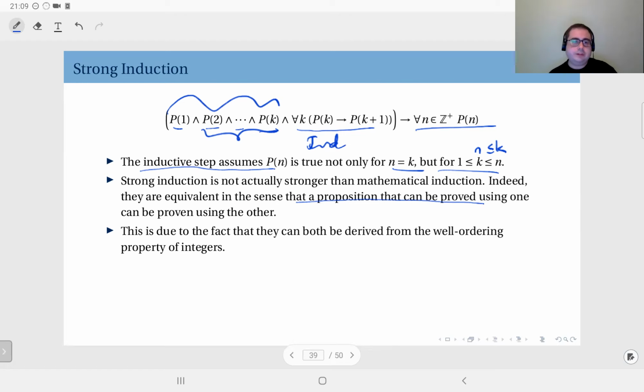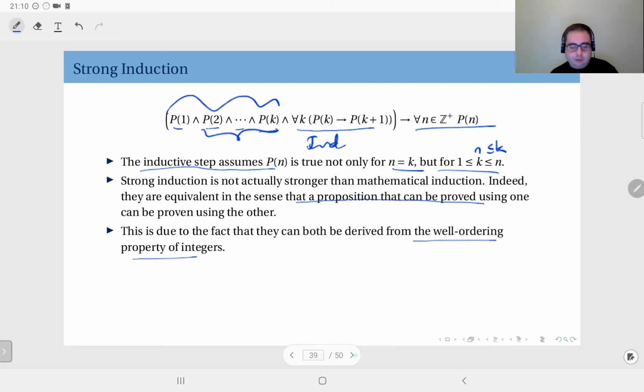We call this strong induction because essentially doing proofs with strong induction is usually easier. And the reason that they are equivalent is because they are implied by the same principle, the same axiom, let's say. They can both be derived from what we call the well-ordering property.